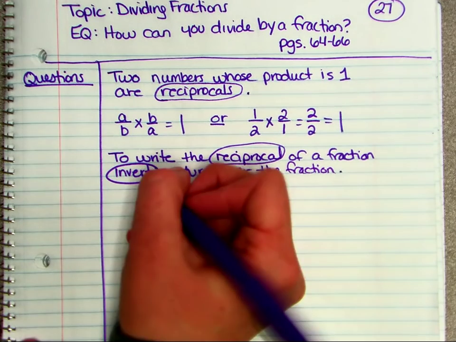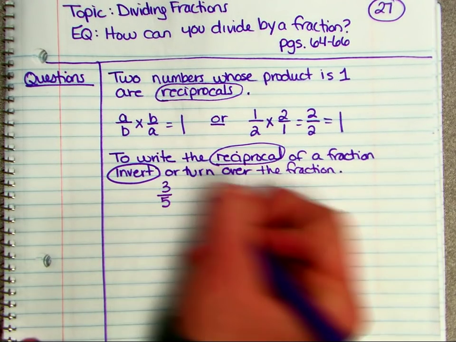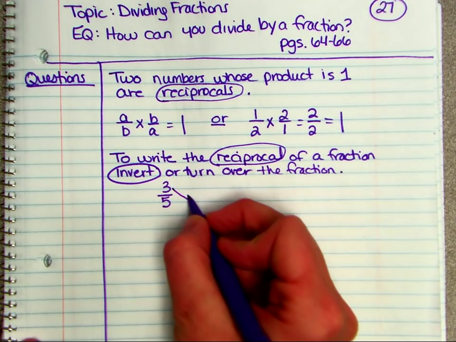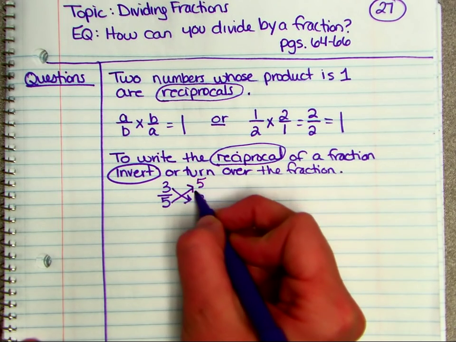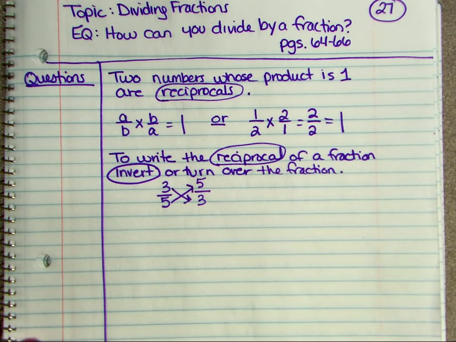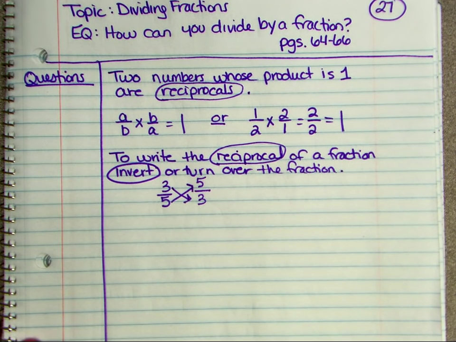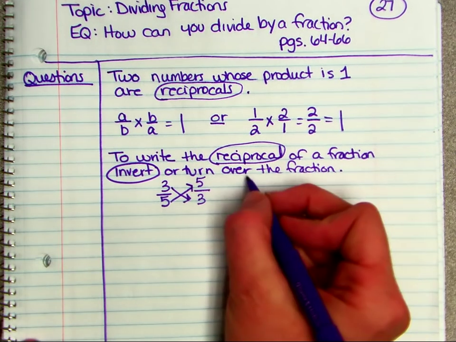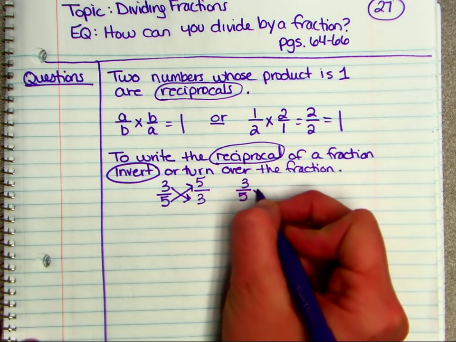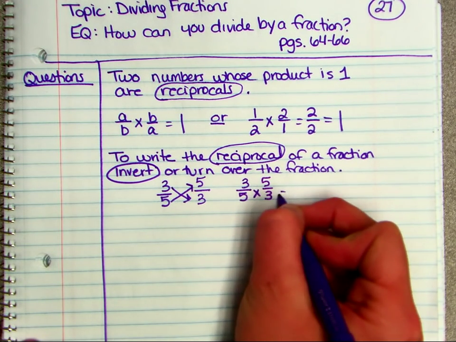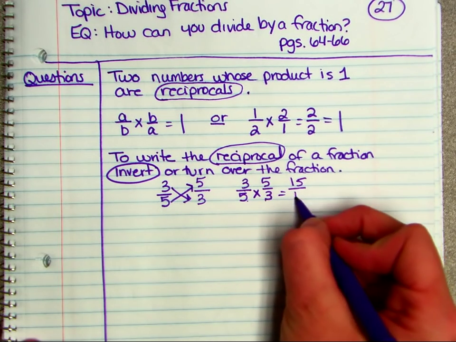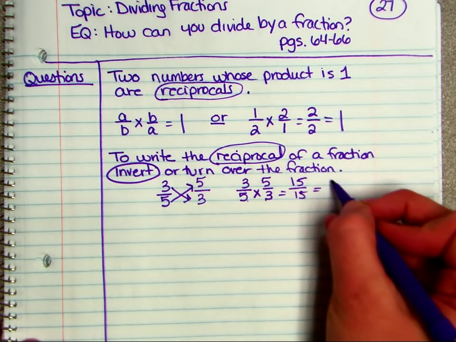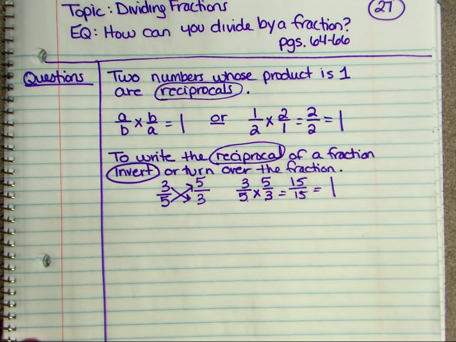So it looks like this. If I have 3/5, I take the numerator, the 3, and put it as the new denominator. I take the 5 and put it as the new numerator, and that's an inverted or reversed fraction. It's a reciprocal. We can check it by multiplying 3/5 by 5/3. 3 times 5 is 15. 3 times 5 is 15. Remember, 15 over 15 is 1, and it is true.